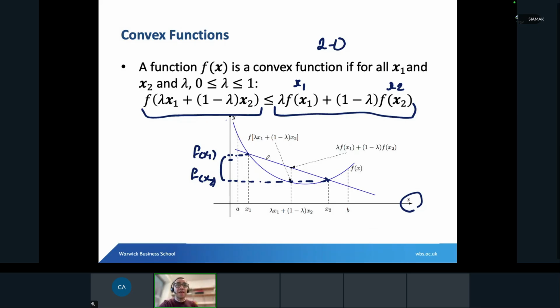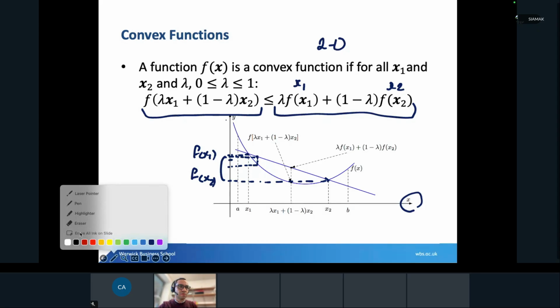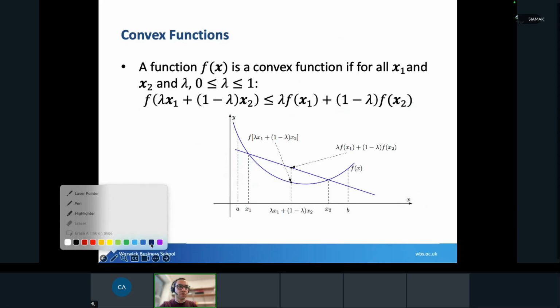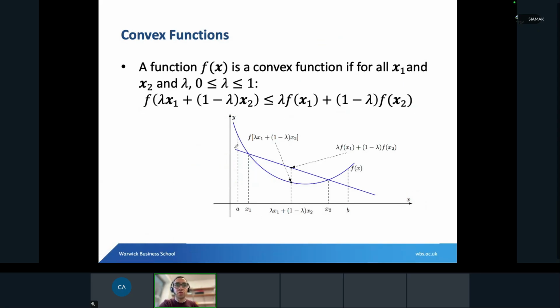So essentially, any point that you choose here, for instance this one, the value that you get is this one. And the associated value on the function is here. Okay? Another point that we have, just let me erase this. I'm trying to say, as I said, this line is above the function.